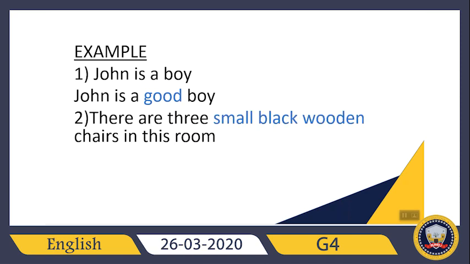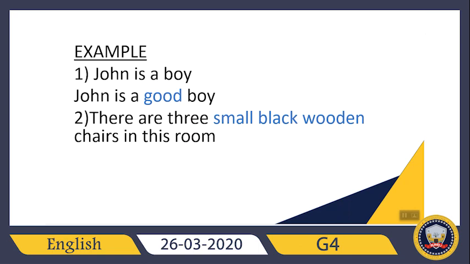The next one: there are 3 small black wooden chairs in the room. Can you tell me what the adjectives are there? The adjectives are small, black, wooden, because in the sentence they let us know we have small, black, and wooden chairs in the room.